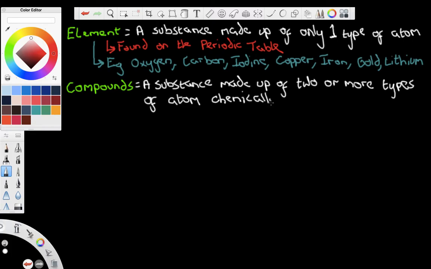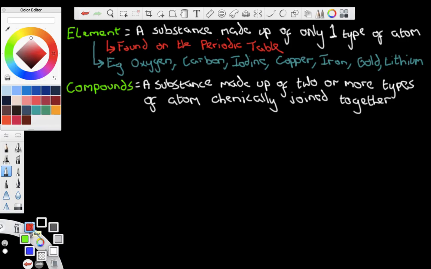Okay, so a compound is a substance made up of two or more types of atom chemically joined together.